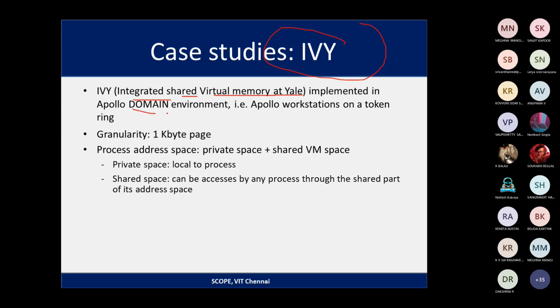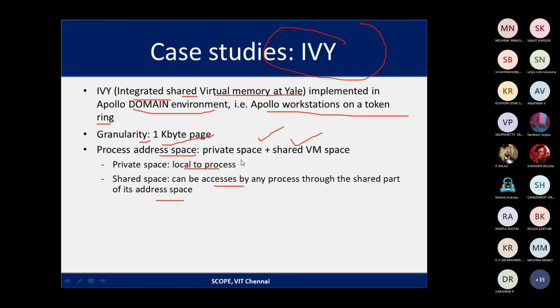It is implemented in the Apollo Domain environment, that is, Apollo workstations on a token ring. The granularity it has is a 1 kilobyte page, and the process address space is a combination of private space and shared VM space. Private space is local to the process, and shared space can be accessed by any process through the shared part of its address space.